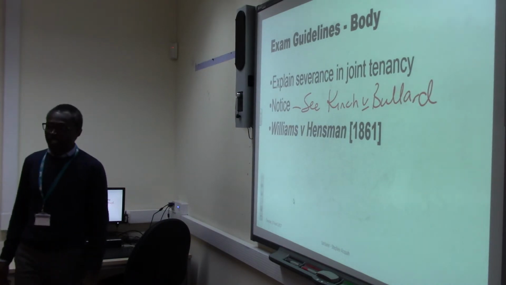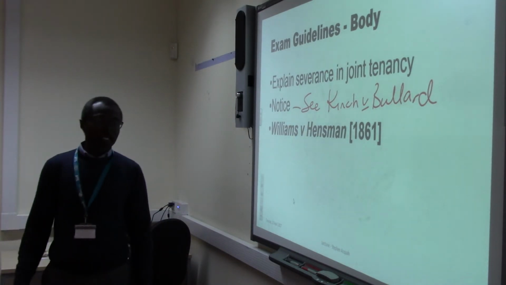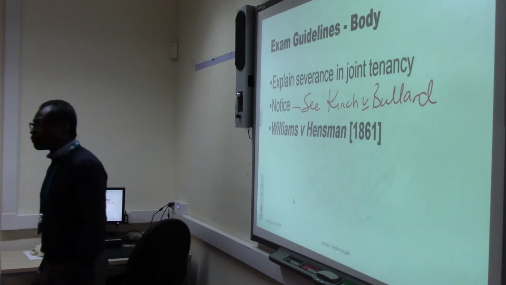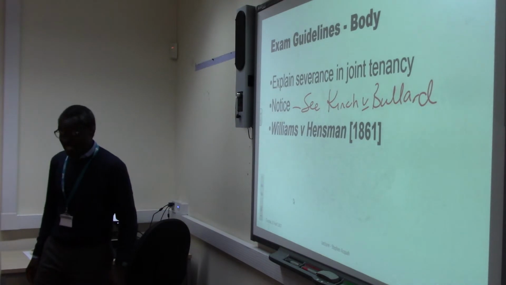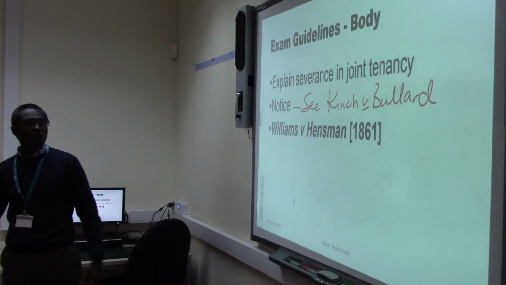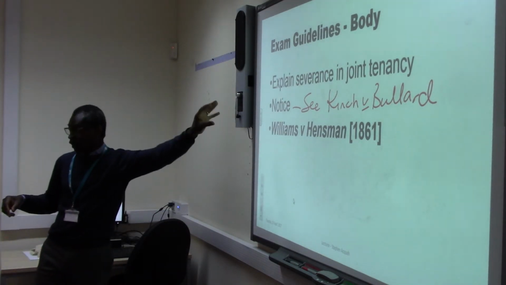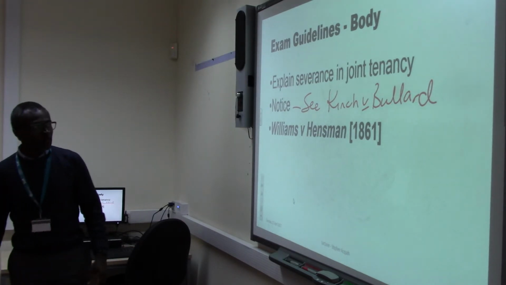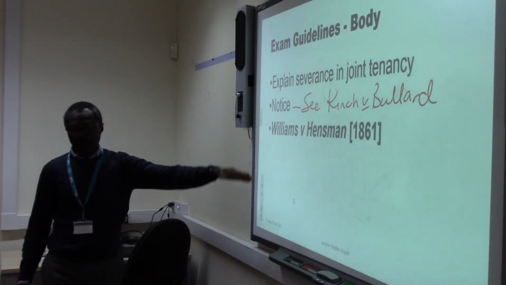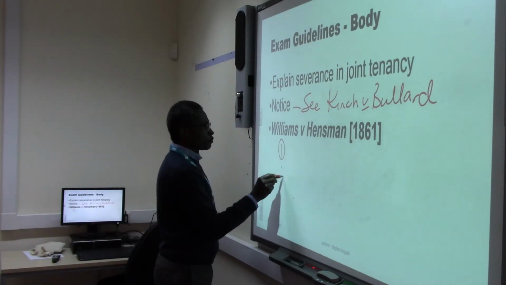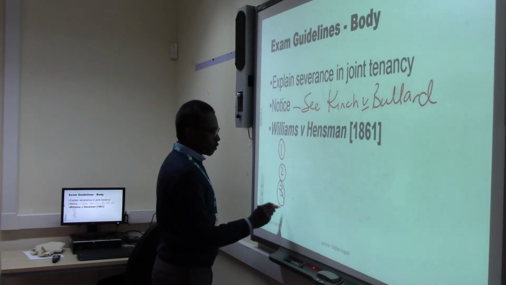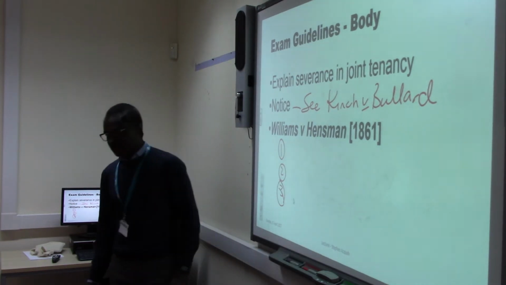Having said that, if you did talk about two methods, then you will bump your mark up, no doubt. But you don't have to. You can still get a distinction if the rest of your work is of a high quality by just discussing one method of severance. So Williams and Hensman, you've got the three different methods. So talk about those as well. So you can do one or the other.